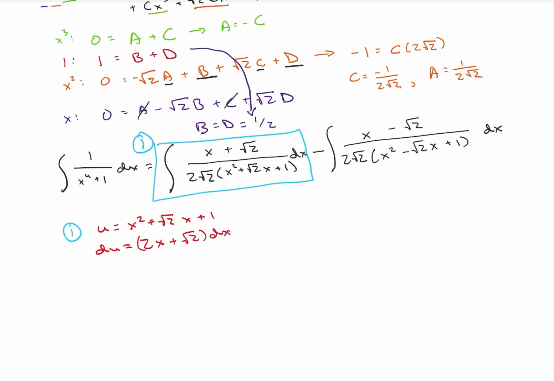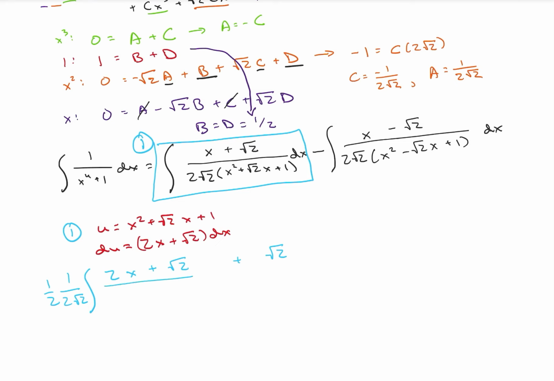So let's go ahead and rewrite that integral. I'm going to pull out a 1 over 2 root 2, and then pull out a 1/2 and multiply the top by 2. So I'm going to get 2x plus 2 root 2, but I'm going to write it as 2x plus square root of 2 plus the square root of 2. I'm just separating it.